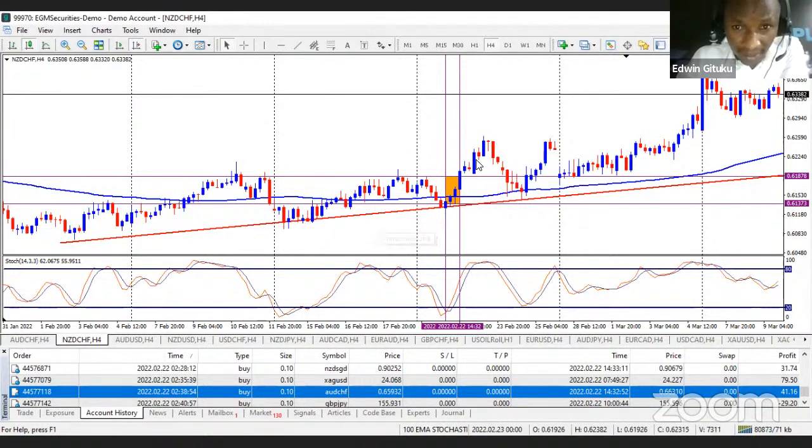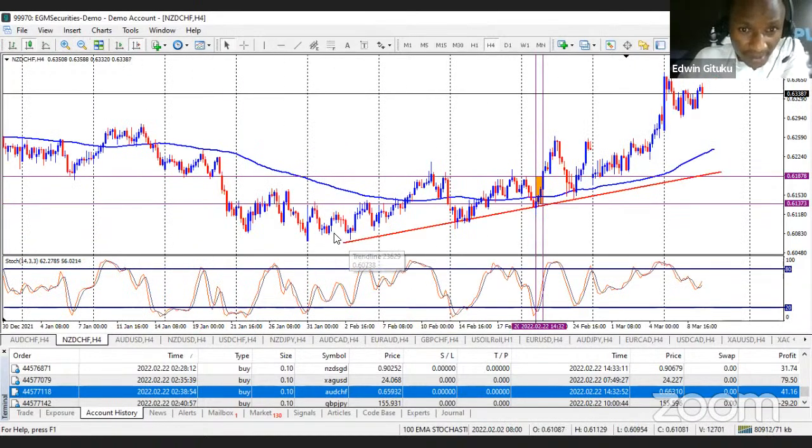Kiwi Swiss franc. Again, this is another buy setup. As you can see, we already have a trend line. From early February, this asset initiated an uptrend.